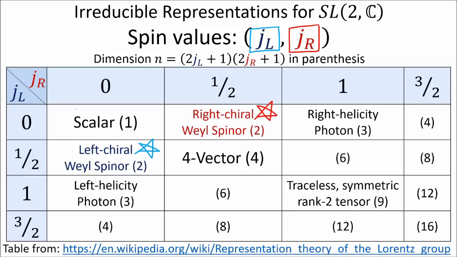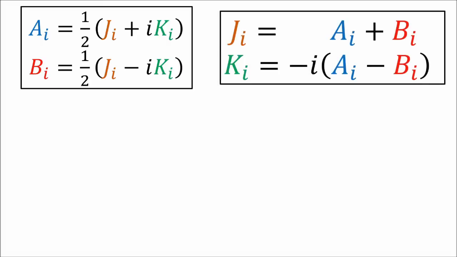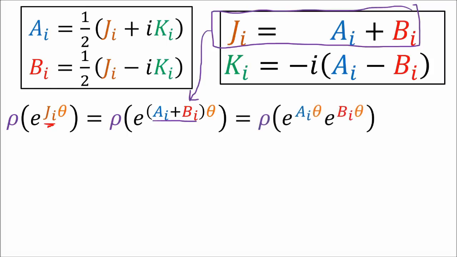Okay, so let's start looking for matrix representations of the J rotation and K boost generators. We know the formulas for the A's and B's, and we can reverse these formulas to solve for J and K. If we have a matrix representation ρ of a rotation matrix generated by J, we can rewrite J in terms of A and B. Since A and B commute, we can split this into a product of exponentials.